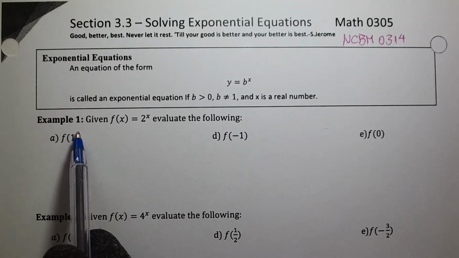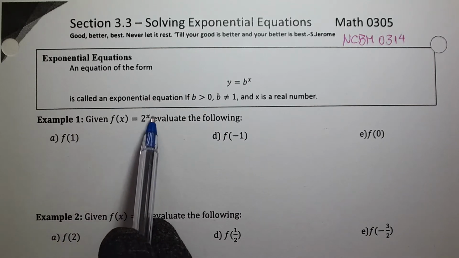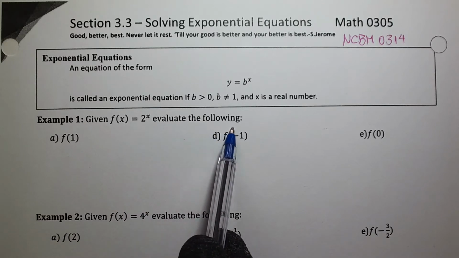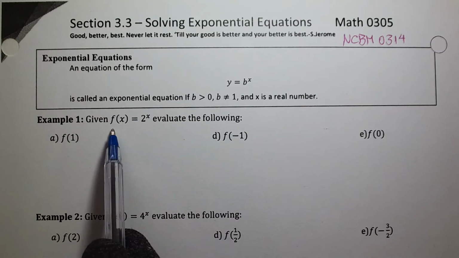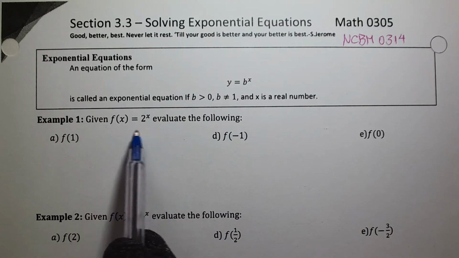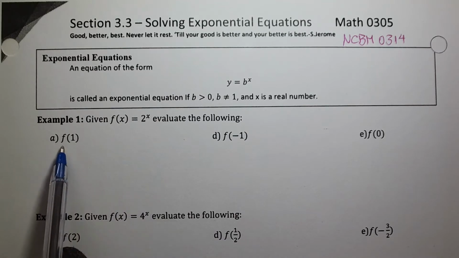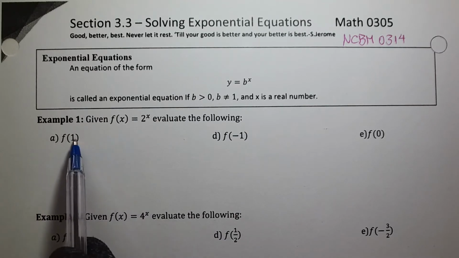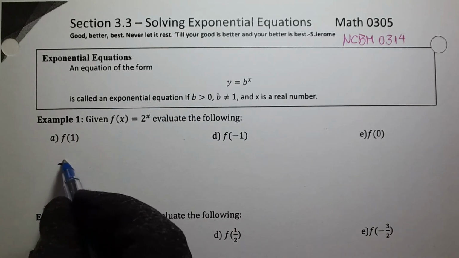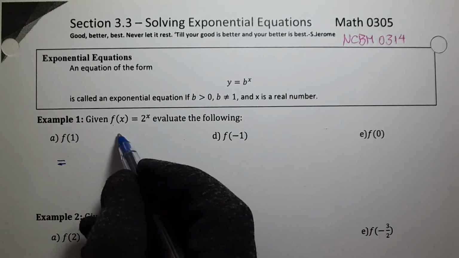Let's solve some examples. Given f of x equals 2 to the power of x, evaluate the following. You see here f of x equals 2 to the power of x is a function, an exponential function. If we evaluate f of 1, it means substitute 1 for x.